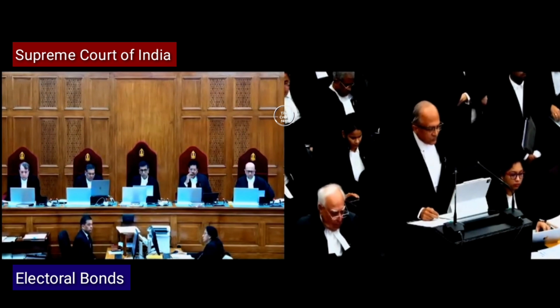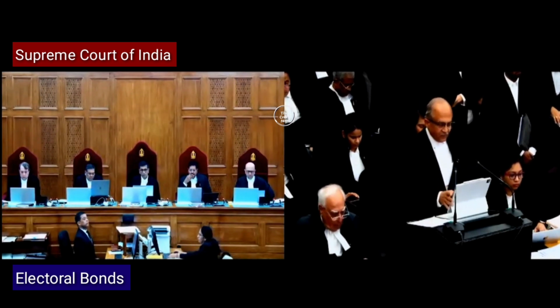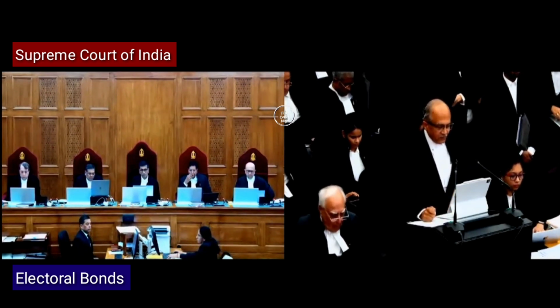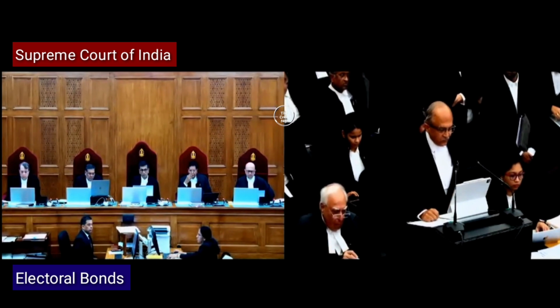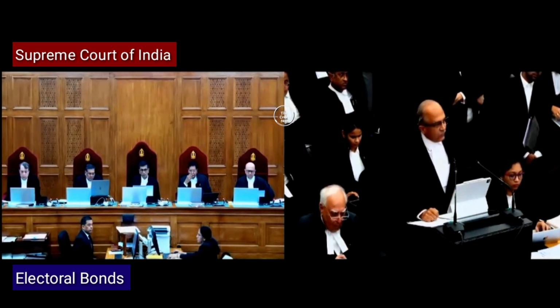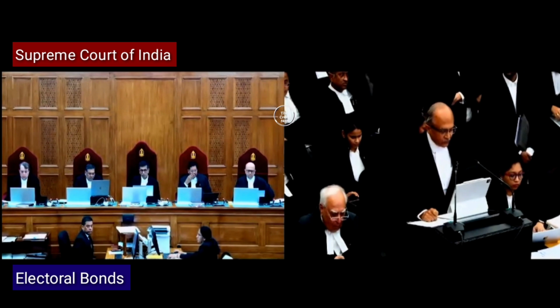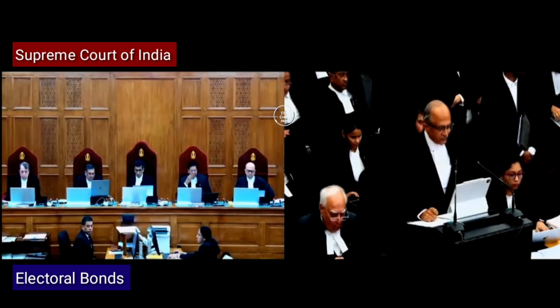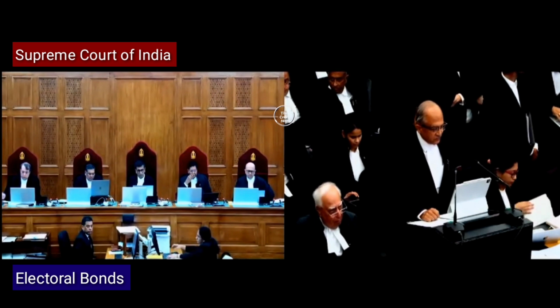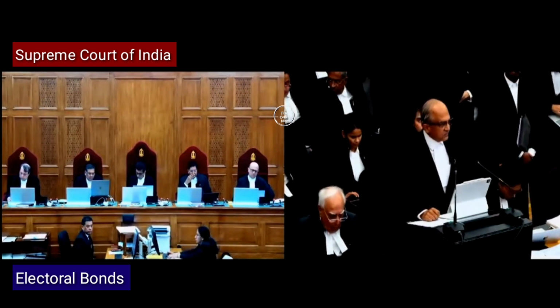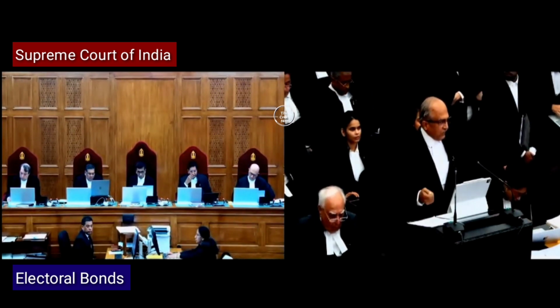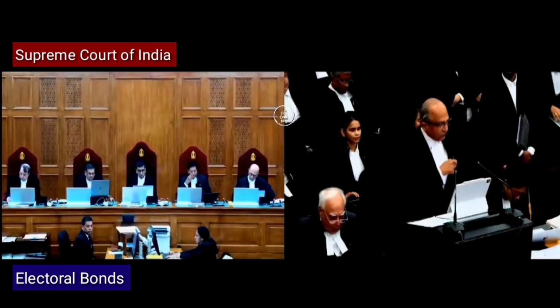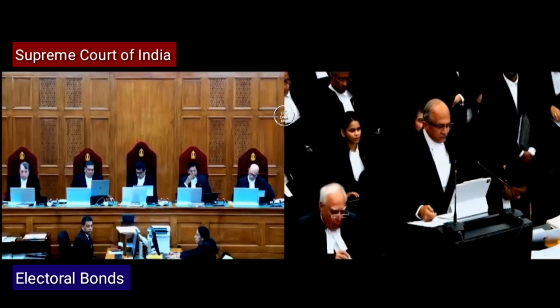Proviso says, provided that B, in respect of each such voluntary contribution, other than contribution by way of electoral bond, in excess of 10,000, such party keeps and maintains record of such contribution and the name and address of the person who has made such contribution. So again, the requirement of keeping a record is omitted for electoral bonds.